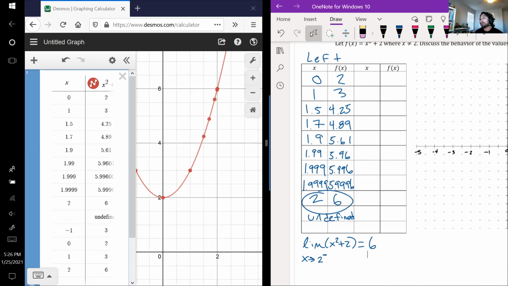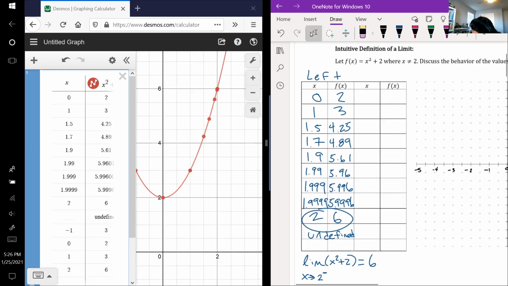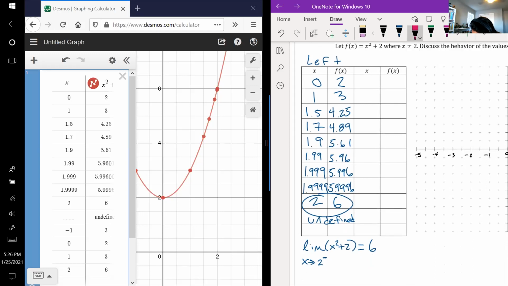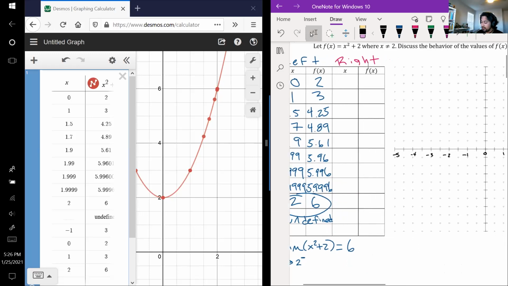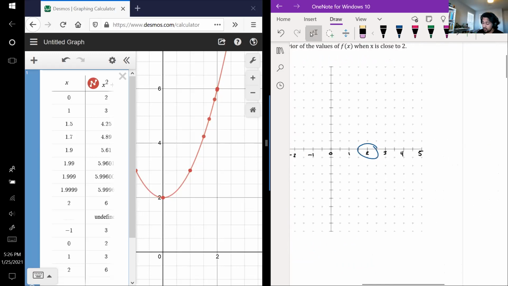Okay. So if there's a left-hand limit, then there's definitely a right-hand limit. If we do limits from the right, what that means is that the number we're approaching, we come from the right side of the x-axis.